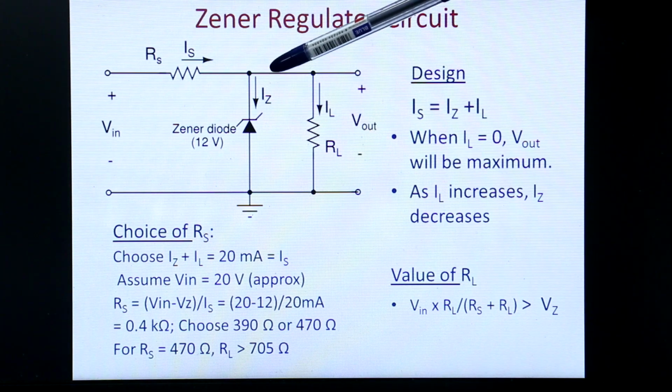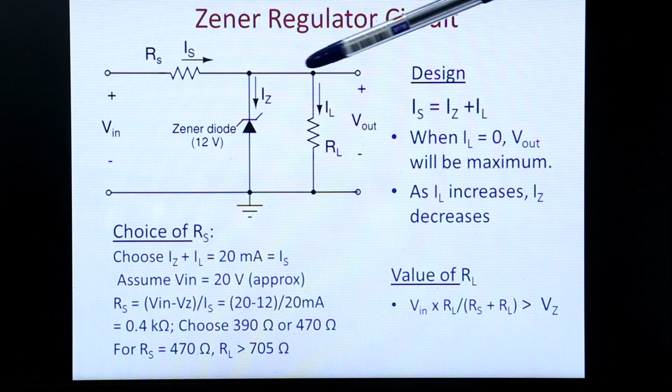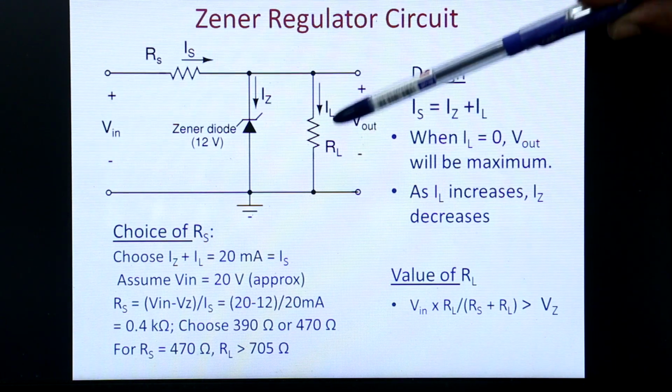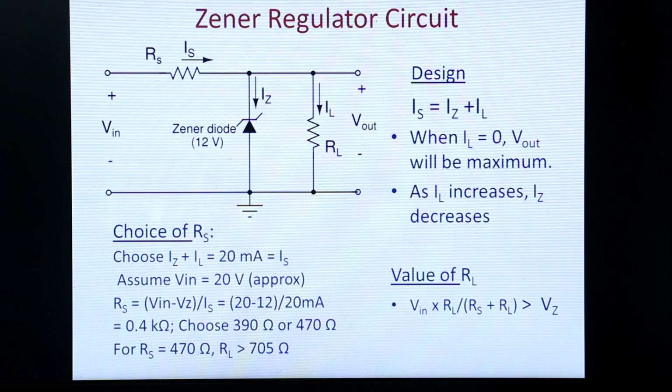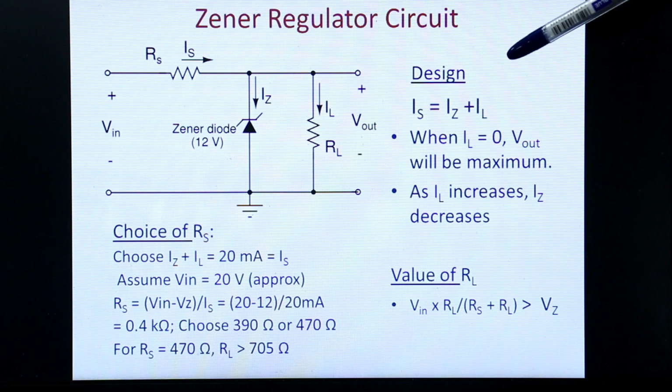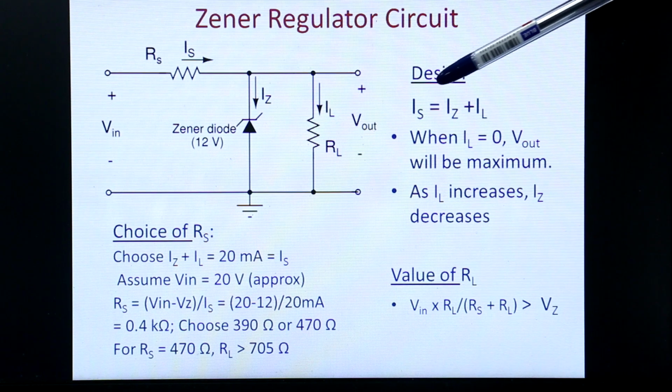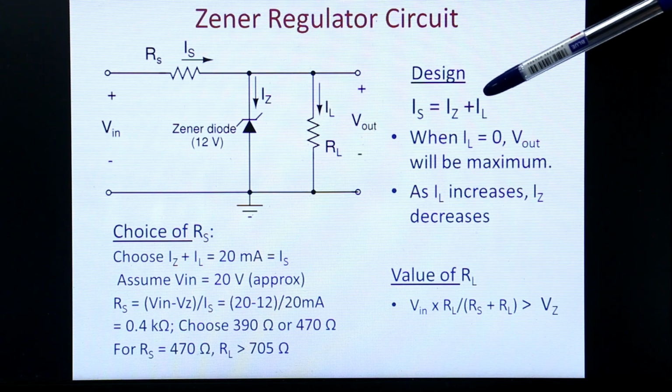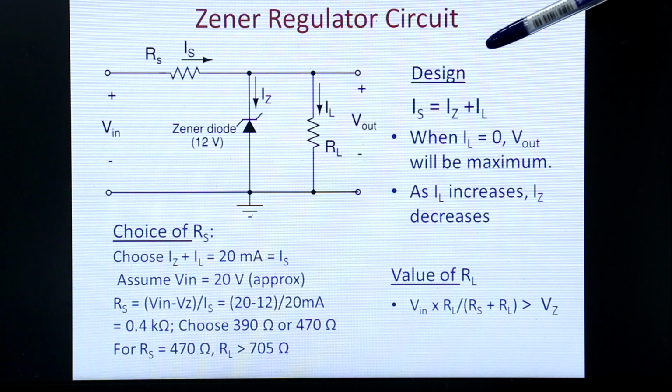A current IZ flows through the Zener diode, and a current IL flows through the load resistance. When you talk about the design of the Zener regulator, let's see a few things. First, when we apply KCL, we see that IS must be equal to IZ plus IL at any instant.